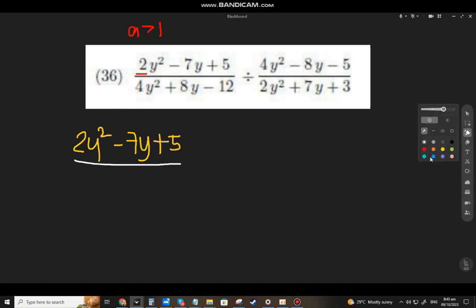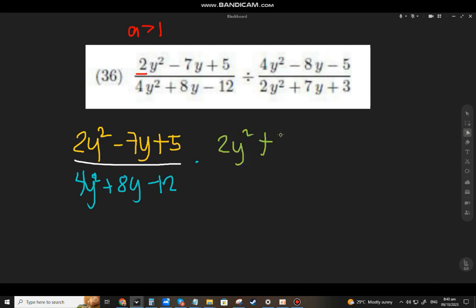So this is yellow, and I'll choose blue here. 4y squared, and we multiply it. Again, we take the reciprocal. 2y squared plus 7y plus 3 over, let's choose another color, 4y squared minus 8y minus 5.